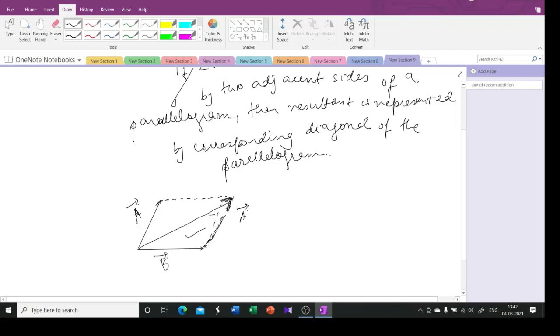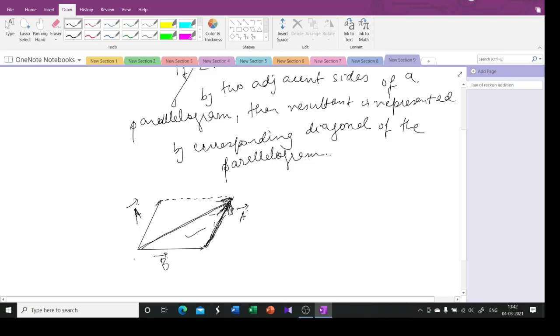Then tell me, if this is another vector, what is this vector equal to? That is simply equal to A only, right? Because this side is parallel as well as the same in length. So basically this is vector A. Now we simply apply the triangle law. So this vector plus this vector is simply equal to this diagonal.